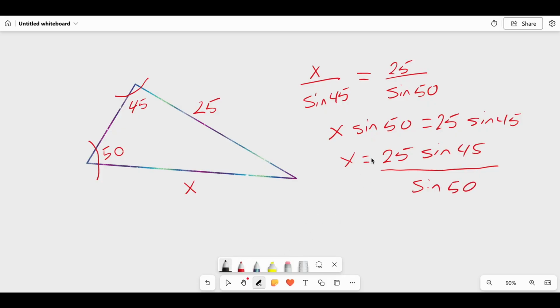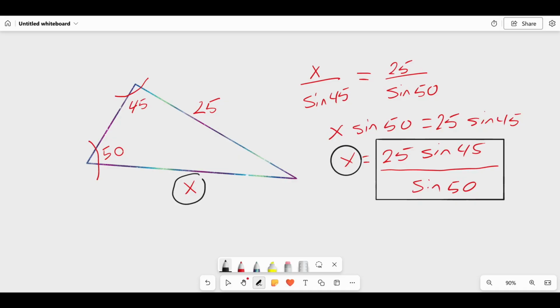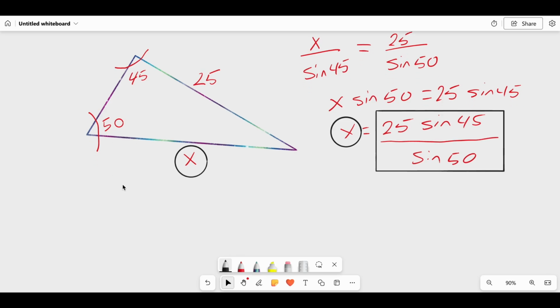Again, use your calculator to find sine 45, multiply it by 25 and divide by sine 50. Again, using your calculator, and we have the missing side. Let's go ahead and do another example.